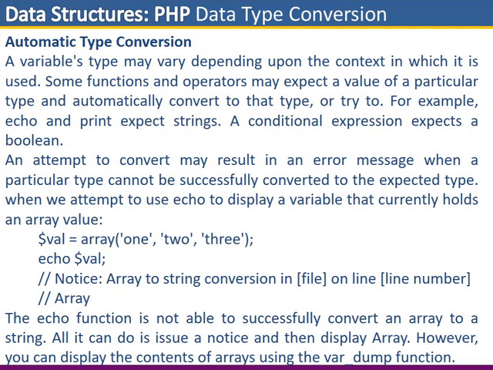Here we have $var equal to array with 'one', 'two', 'three' as single-quoted strings, then echo $var. Take note of the notice: array to string conversion in the file on the given line number.